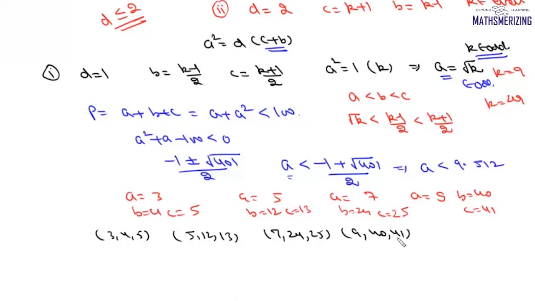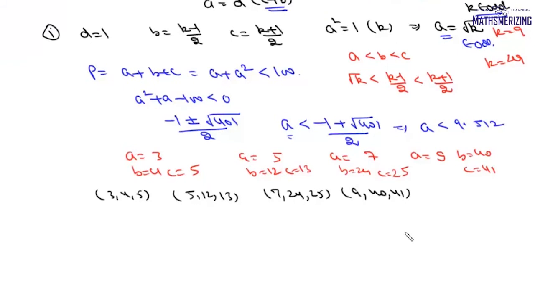Now we'll take the second case when the value of D is 2. If the value of D is 2, in that case value of B is K minus 1 and value of C is K plus 1. Here A square will be D into B plus C. So it will be 2 into 2K. So A square should be 4K.